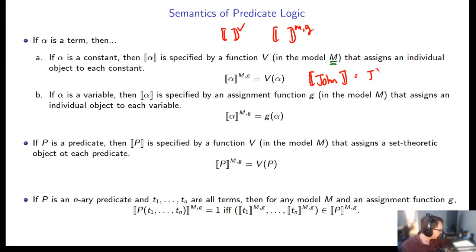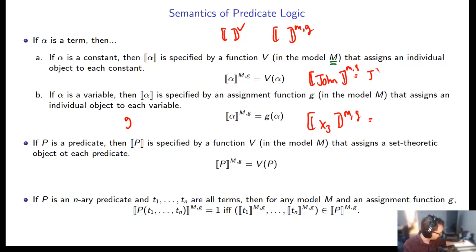If you have alpha as a variable and alpha is in the assignment function, so if you have something like x3, I really should be putting M and G in the top right of each of these, then we take a look at our assignment function and ask ourselves, what is the assignment function doing?